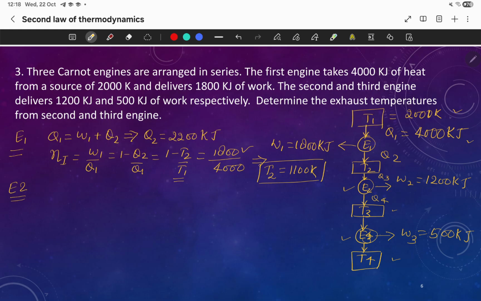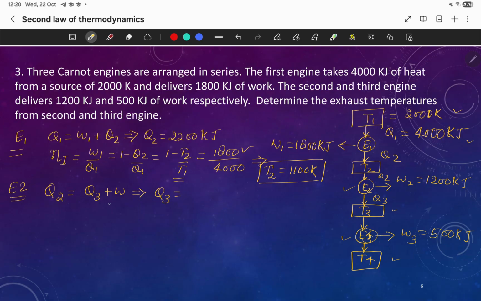By energy balance, Q2 will be equal to Q3 plus W. So from here can we get the Q3 value?